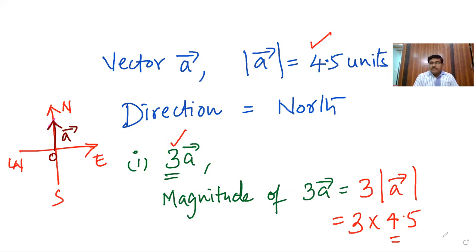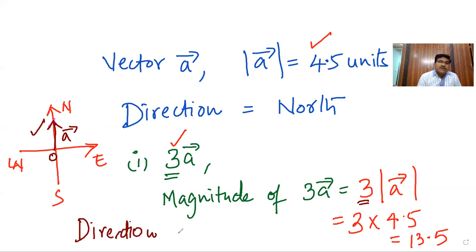That is 3 5 is 15, 3 4 is 12, 13.5 units. The magnitude. And what is the direction? Observe the direction. If A bar is towards north, and if it is a positive number with which we are multiplying, the direction is also the same direction. So direction is towards north.